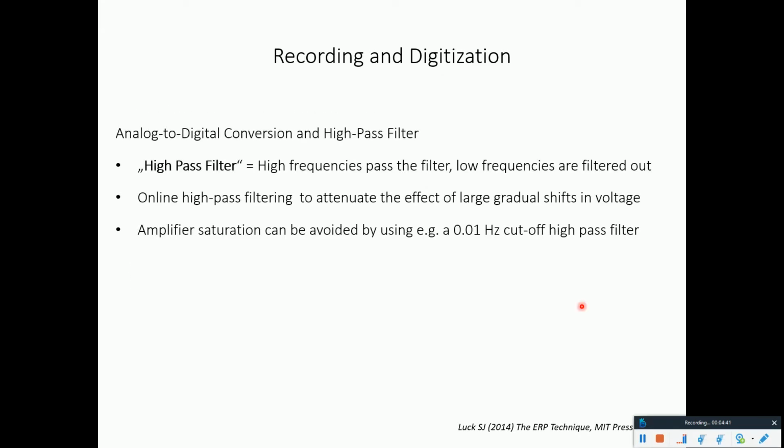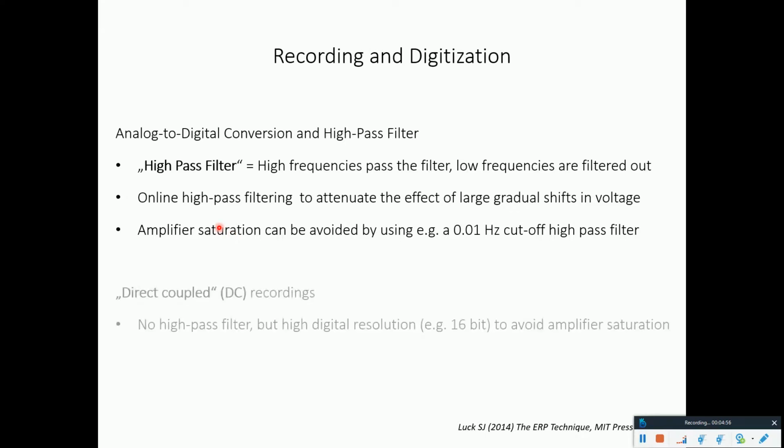And hence, if a high-pass filter is used, which filters out these low frequency drifts, then amplifier saturation can be minimized. So that's a typical recording setup using a high-pass filter.